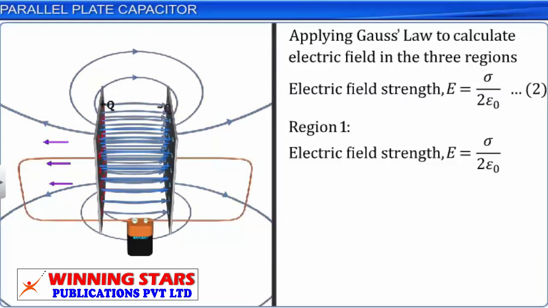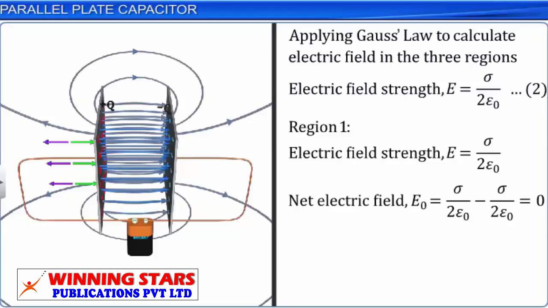Due to the negative plate, the electric field strength E is also equal to sigma by 2 epsilon naught, directed towards the negative plate and towards the right. Hence, in region 1, the net electric field strength E naught is equal to sigma by 2 epsilon naught minus sigma by 2 epsilon naught, which is equal to 0, since the two electric fields are oppositely directed.